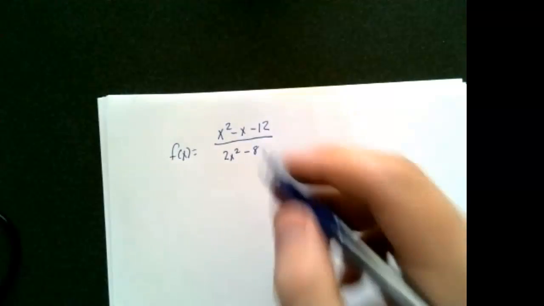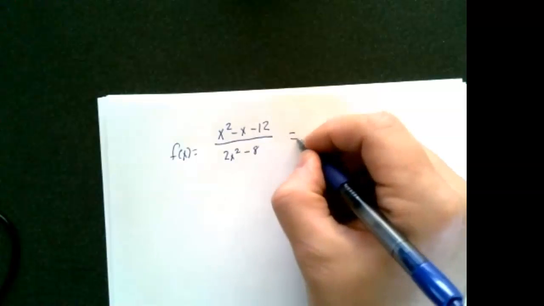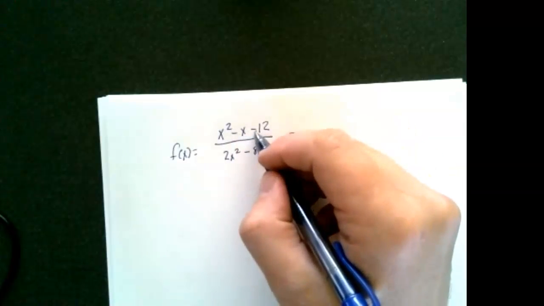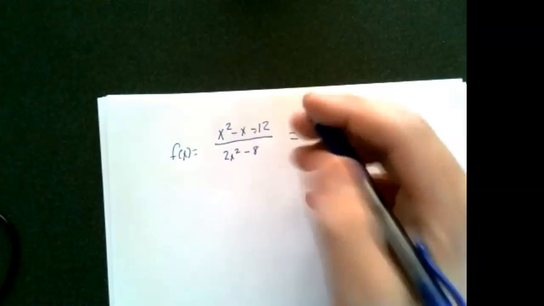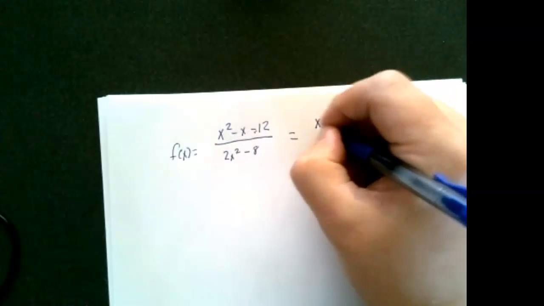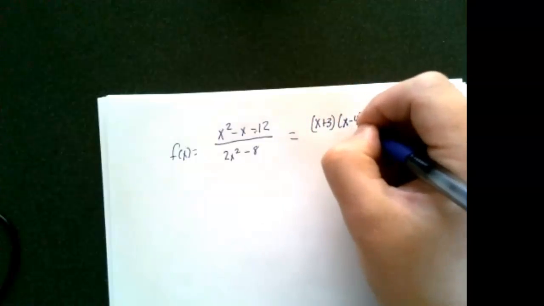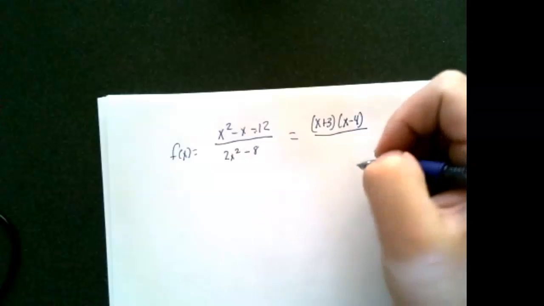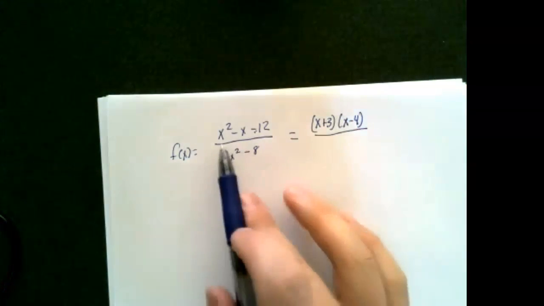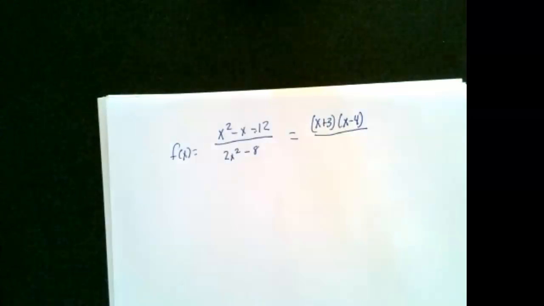Okay, factoring out the top. I'm looking for two terms that multiply to equal -12 and add up to equal -1. It's going to be (x plus 3)(x minus 4) on the top. And once again, that's just the factors. Looking at the bottom, we have 2x squared minus 8.